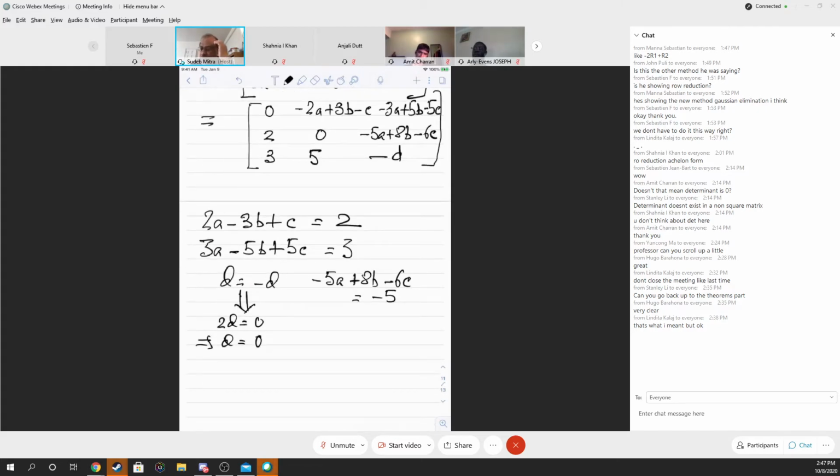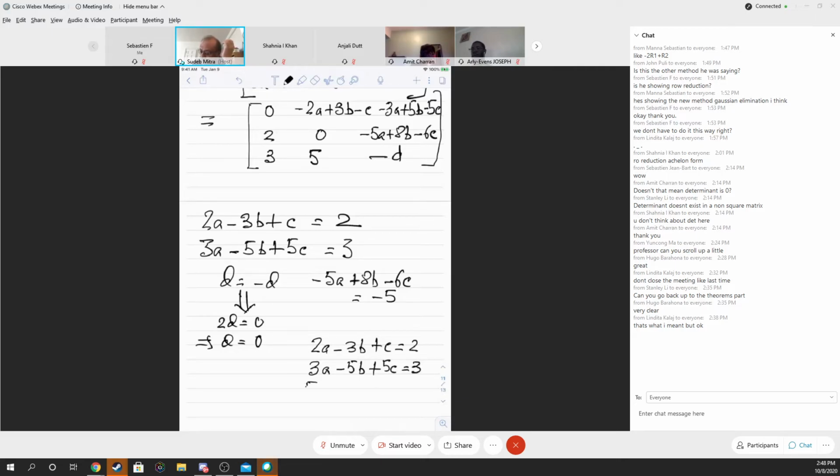That's good news. Now, 3 equations, 3 unknowns. So 2A minus 3B plus C is 2. 3A minus 5B plus 5C is 3.